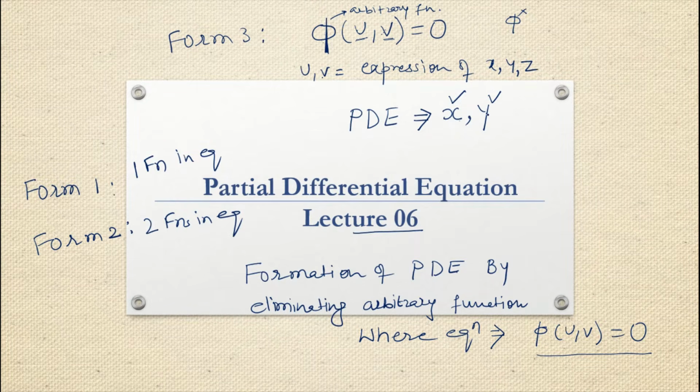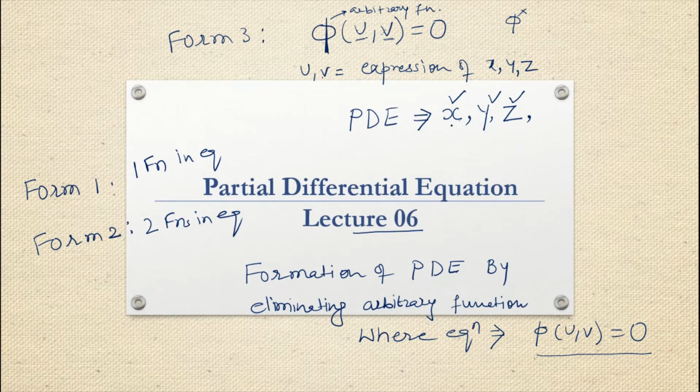Here also we deal with two independent variables, x and y, and z is also allowed. If z is coming in our equation, that is okay. z is a function of x, y.